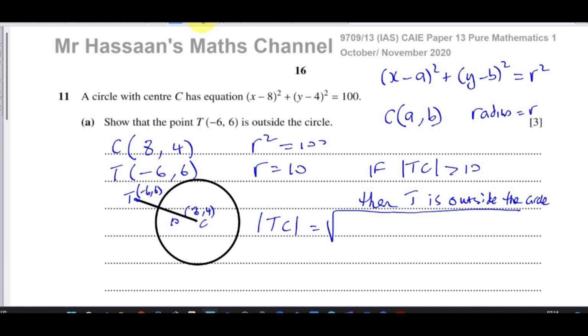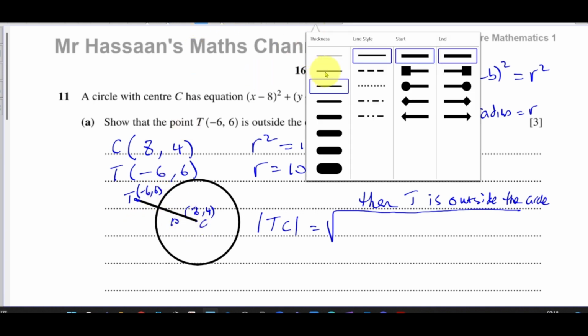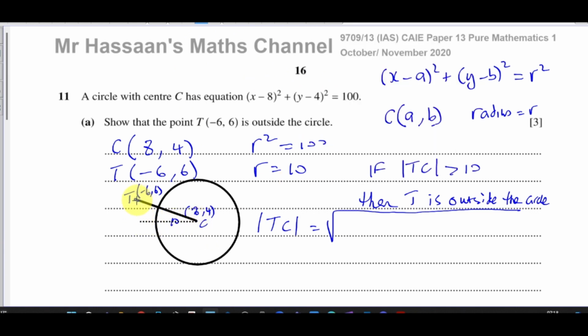This length here is the change in the x values, and this length here is the change in the y values. So if I take away the x values, I'll have 8 minus negative 6, and that's going to be squared, plus 4 minus 6 for the y values, and that's going to be squared, all right?